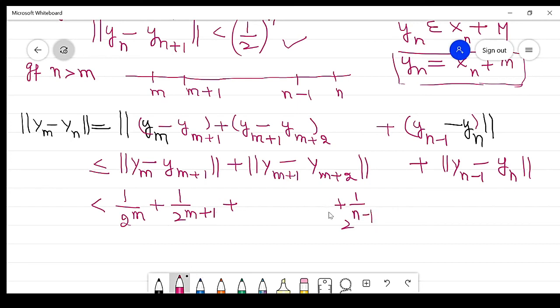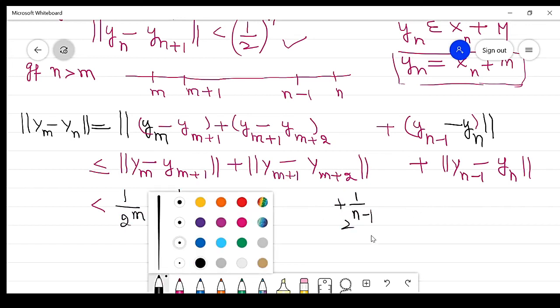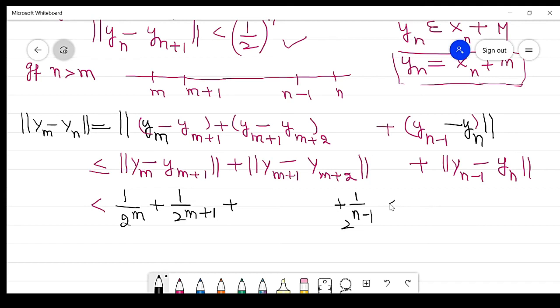Now it is a sum of finite positive terms, and it is clear that a sum of finite positive terms is always less than the sum of its infinite terms.